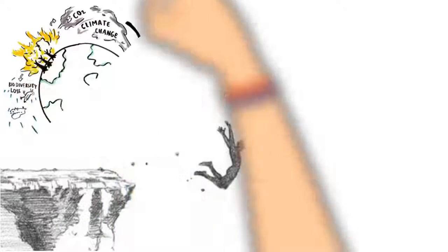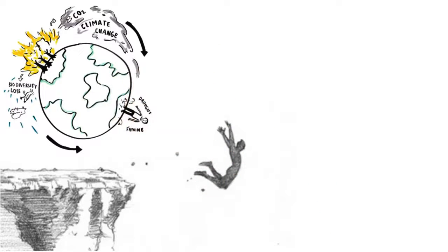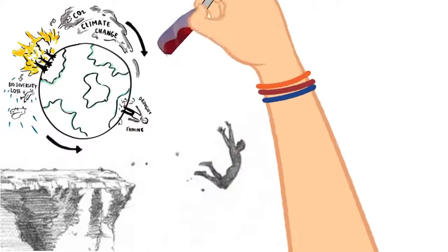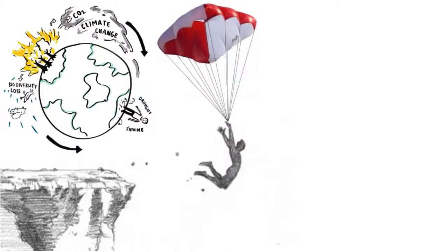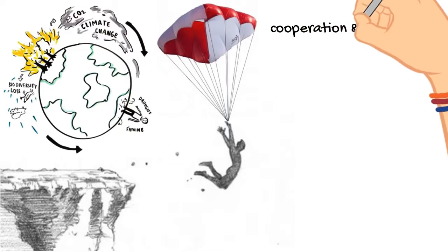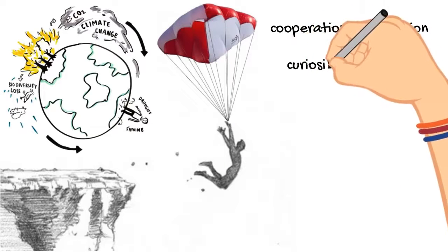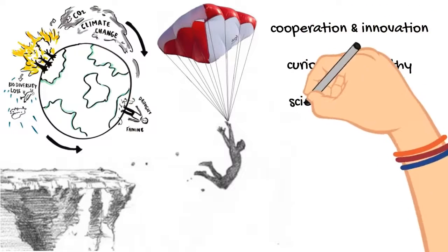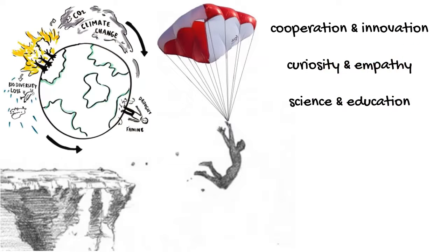Loss of biodiversity and climate change are the major challenges of our time. But we still have a chance. Cooperation and innovation, curiosity and empathy, science and education. All this creates facts to enable better decision-making.